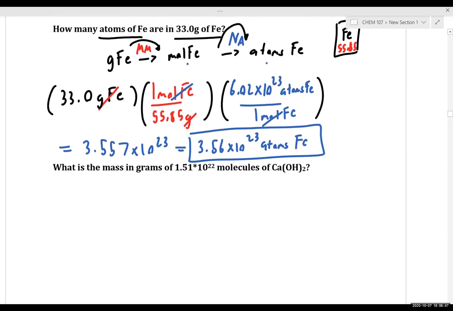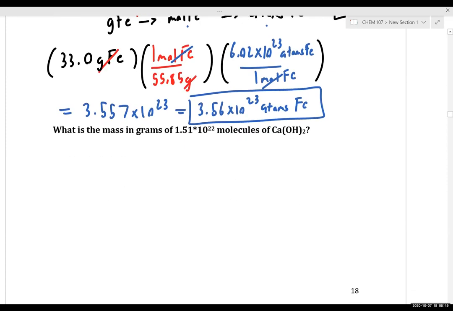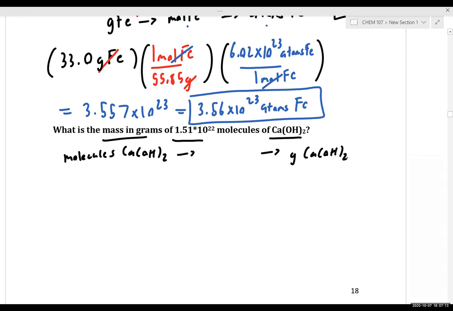Okay, so let's look at another case where we're asked to calculate the mass in grams of a number of molecules of calcium hydroxide. So in this case, we're starting off with molecules of calcium hydroxide. And in the end goal, we want to calculate the grams of calcium hydroxide. Now, what is our stepping stone in this case?